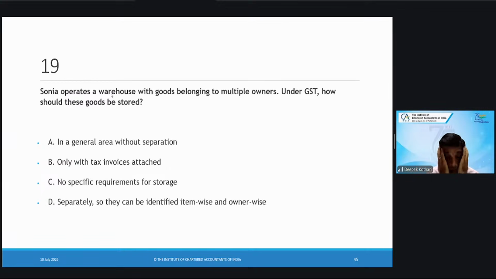So they're giving you an exemption there, but if you have a plan to convert from composition to regular dealer, then you will have to keep it. But otherwise, the provision says you don't have to maintain. Yeah, 19. Answer is B.